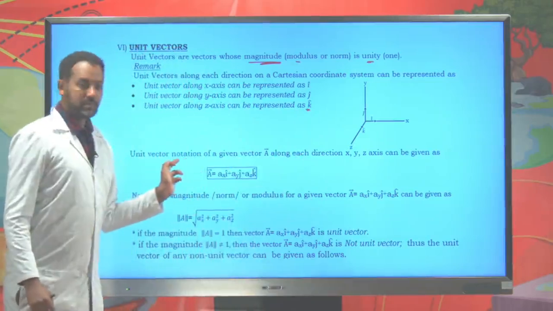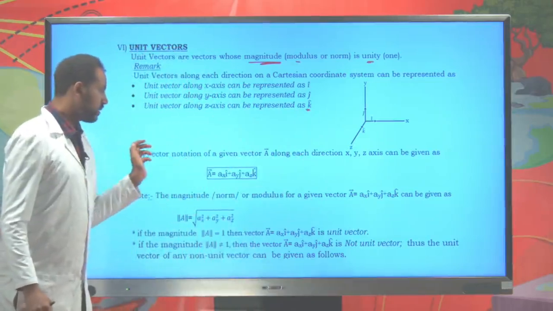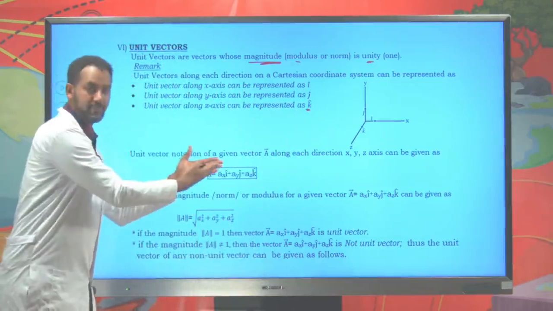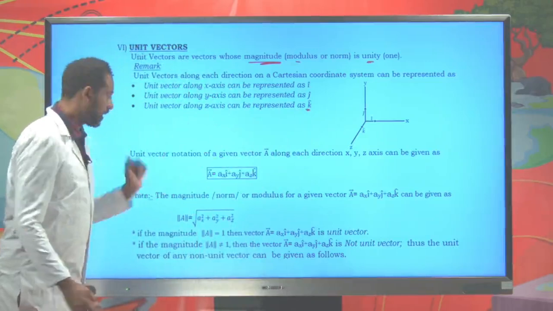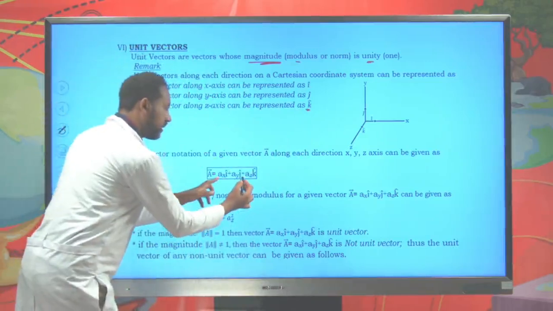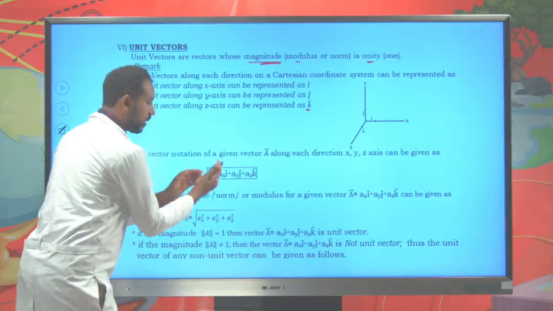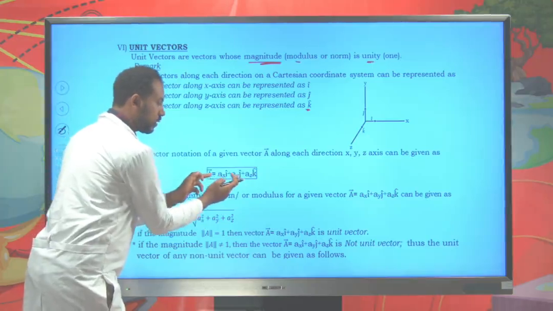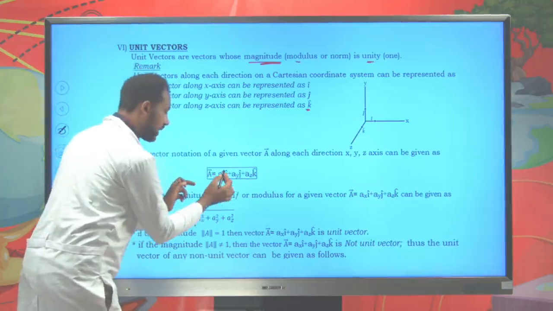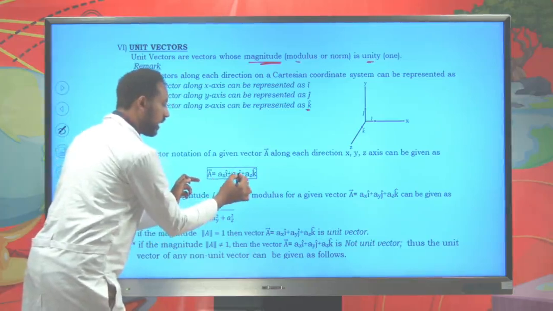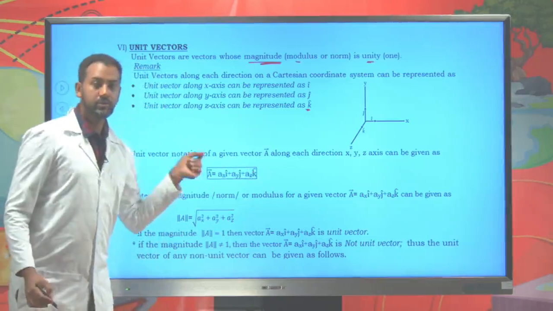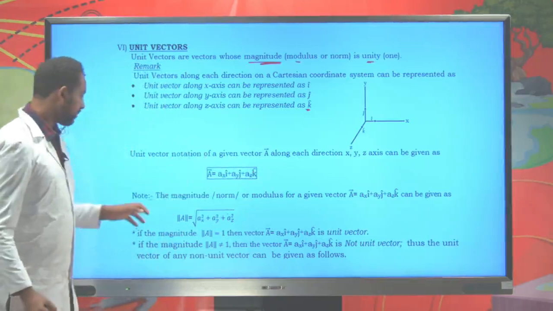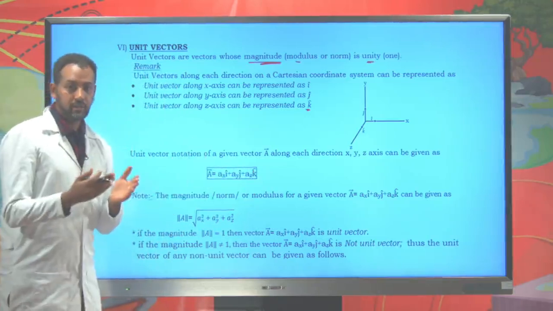Suppose you have vector A. It's possible to represent it using i, j, and k: Ax in the i, Ay in the j, plus Az in the k. This means the components of this vector along x, along y, and along z can be represented using i hat, j hat, and k hat. This is what we call unit vector notation. How do we determine the magnitude of this?